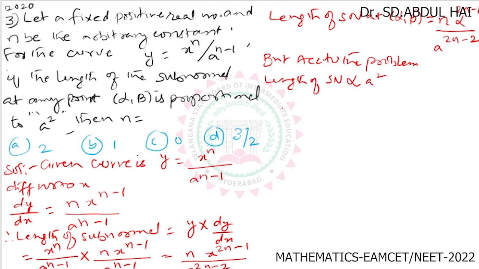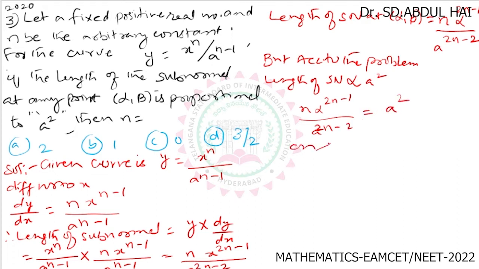So if I equate this, n into alpha power of 2n minus 1 by a power of 2n minus 2 is equal to a square.